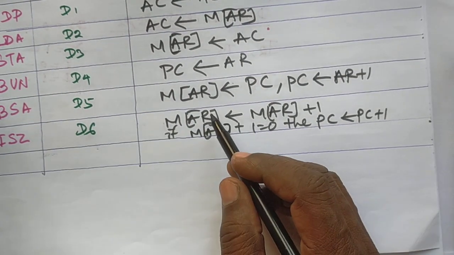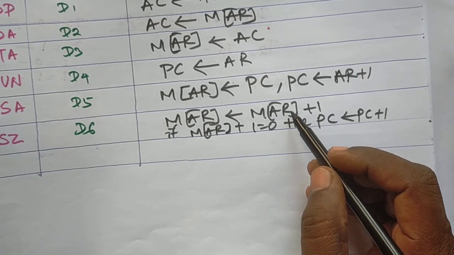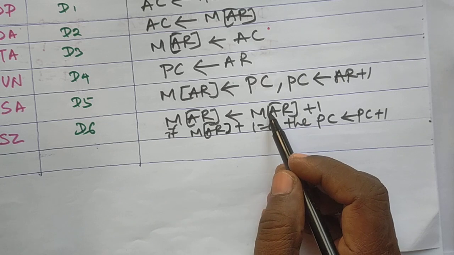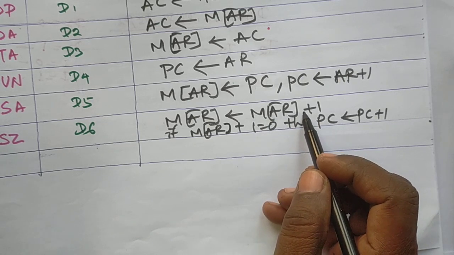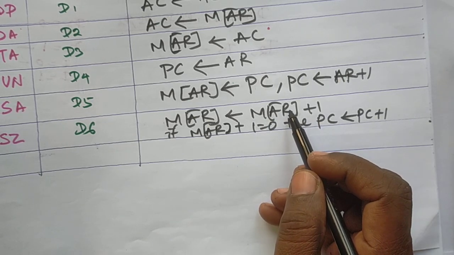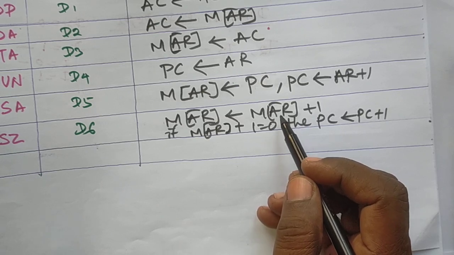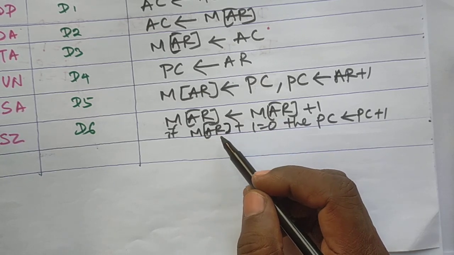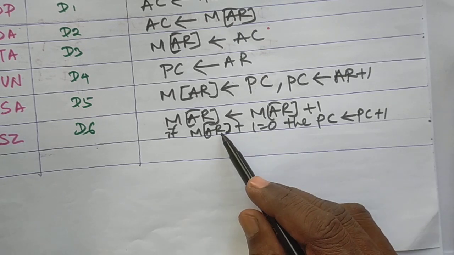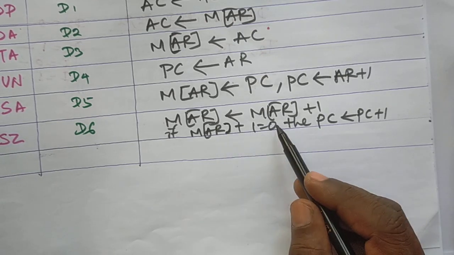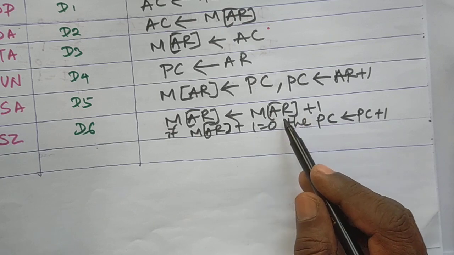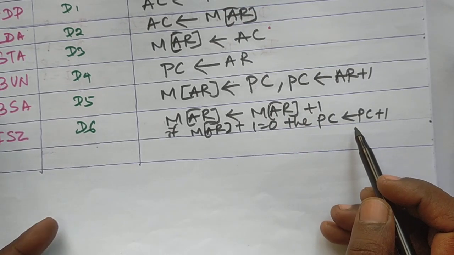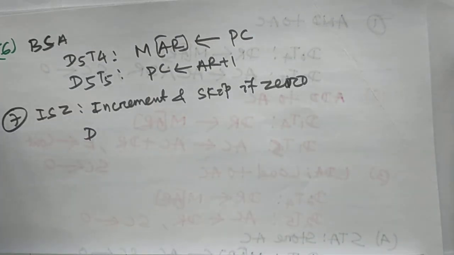One part is data transfer from memory, and the memory data is increased. Another part is storing that data into memory, and if DR data is 0, then PC is increased. This is the basic concept. Now I will define it in this way.